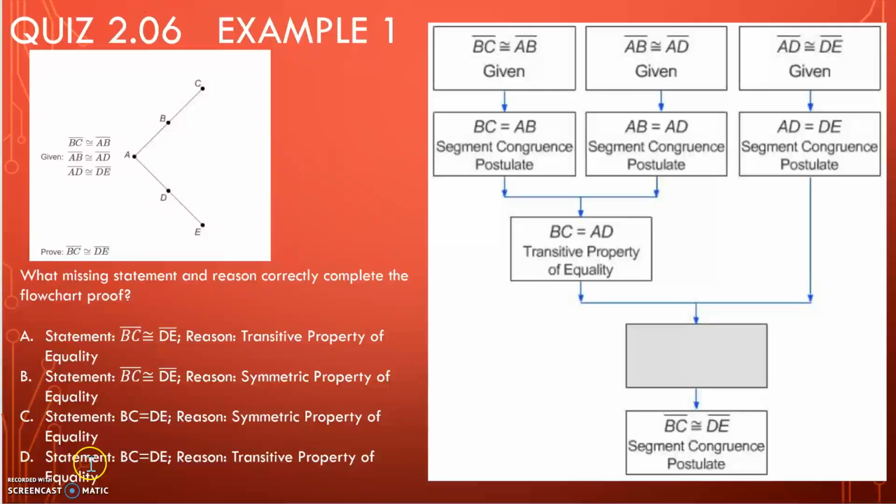this is the transitive property of equality, and we have to choose the one that has the measures of, because that's what's being combined, the measures of these two things.